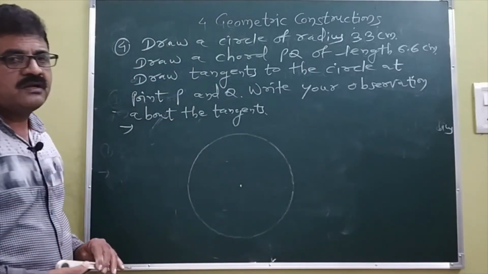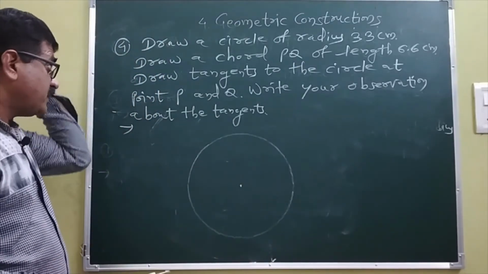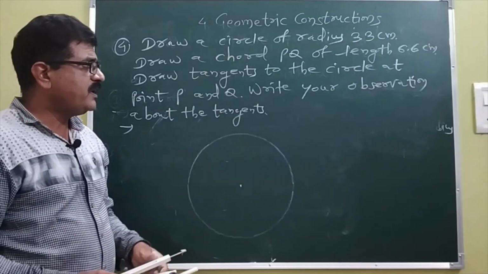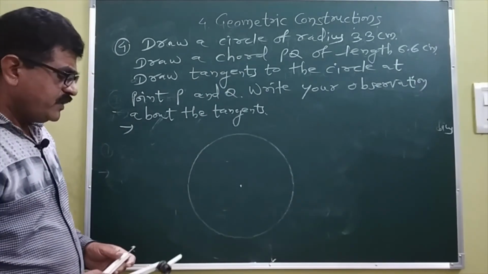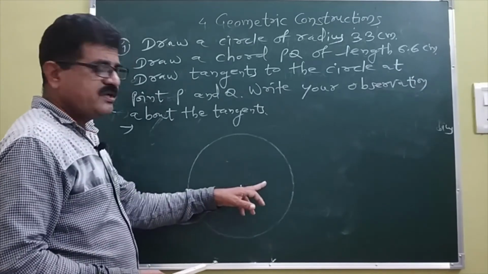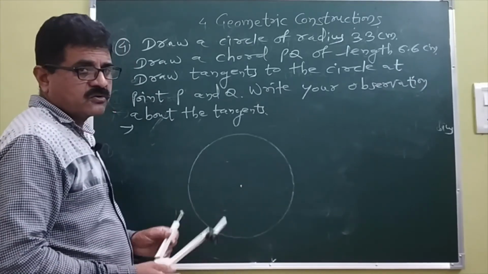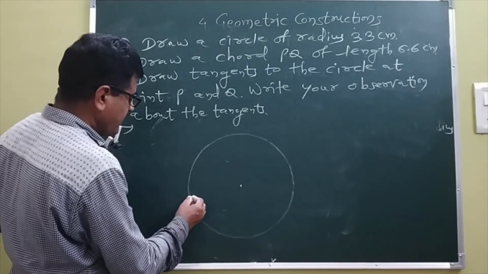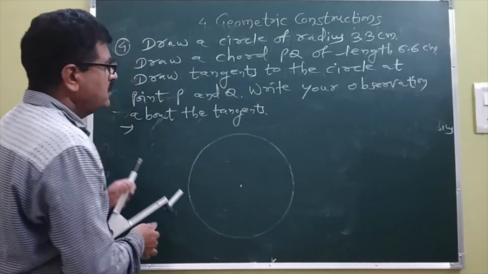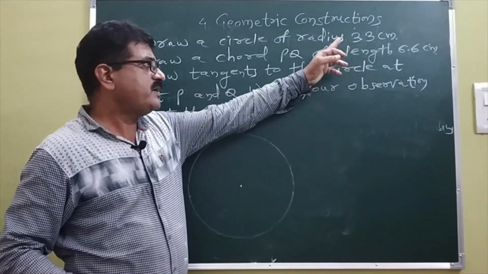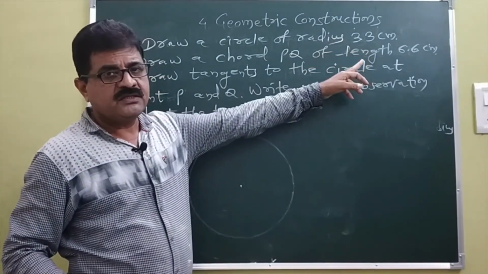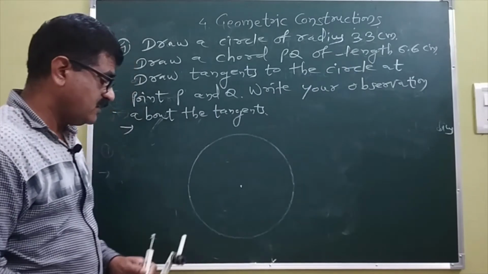This is a circle of radius 3.3 centimeter. Now we have to draw a chord PQ of length 6.6 centimeter. The radius is 3.3 centimeter, its twice is 6.6, so this is the chord of the circle.